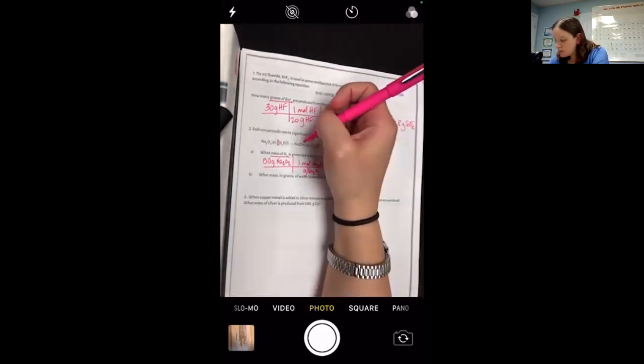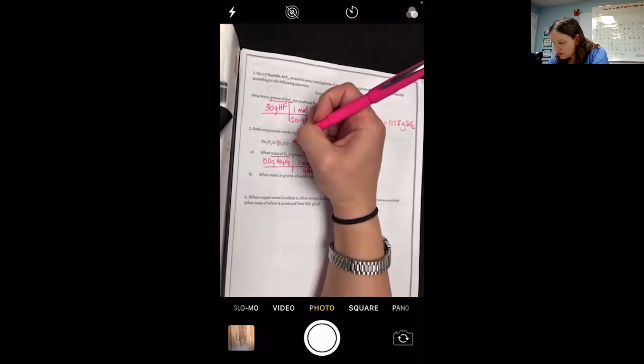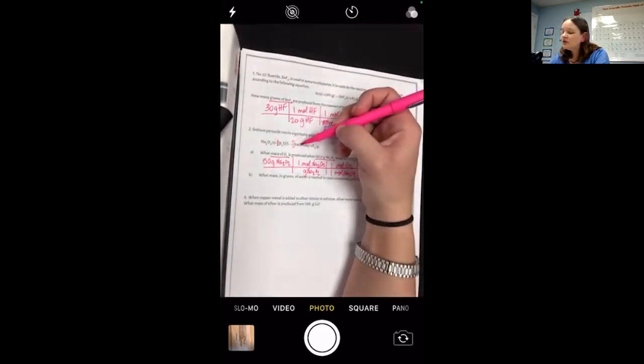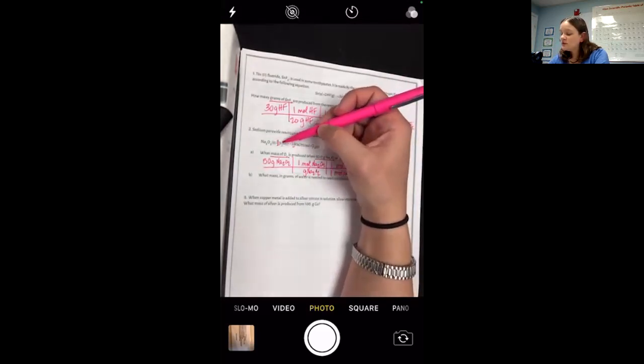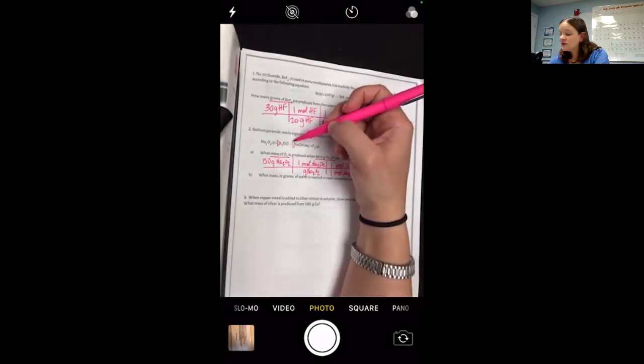I think I'm going to end up with a 4 in front of this. So I have 4 oxygens. Right, so we have 2 plus 2 is 4 oxygens, 4 hydrogens, 2 hydrogens. Two sodiums, 2 sodiums.